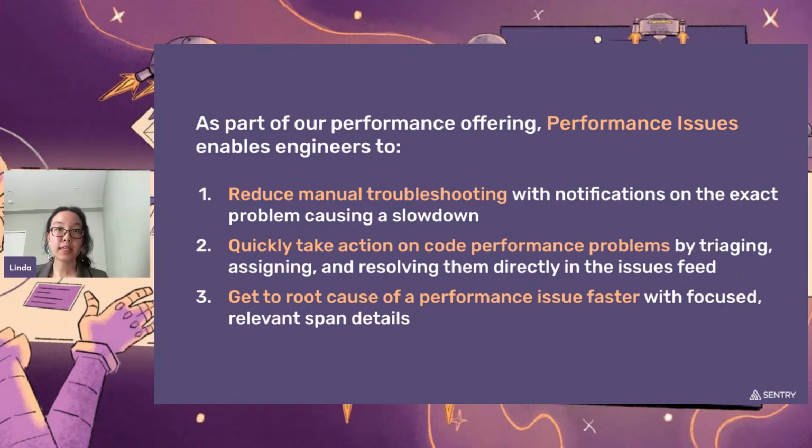You can also quickly take action in your issues feed. Instead of digging through event data for the problem, you can triage, assign, and resolve directly from the feed. And you'll be able to get to the root cause of the performance issue faster with a focused span tree. At the end of the day, this product feature is getting you to faster time to value, which you'll be able to see live in the demo later.